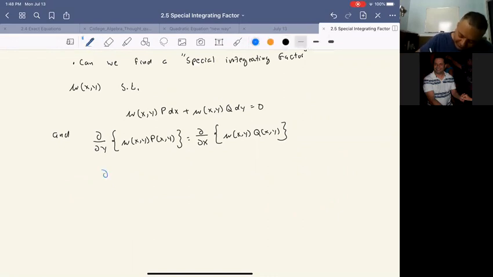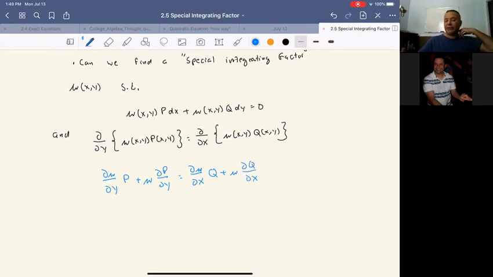Partial of mu with respect to y times p plus mu partial of p with respect to y should equal partial of mu with respect to x times q plus mu partial of q with respect to x. Okay, we're going to put the derivatives on one side and the mu's on the other.